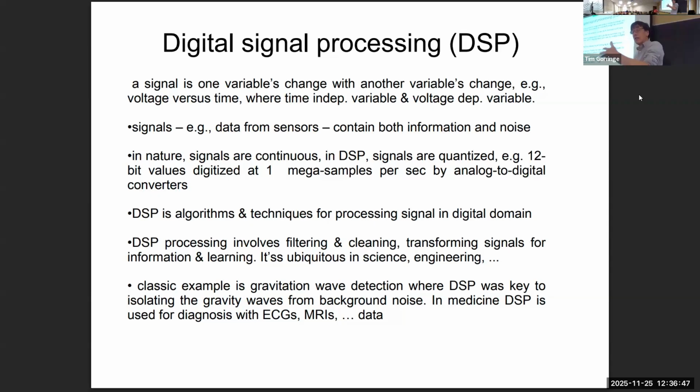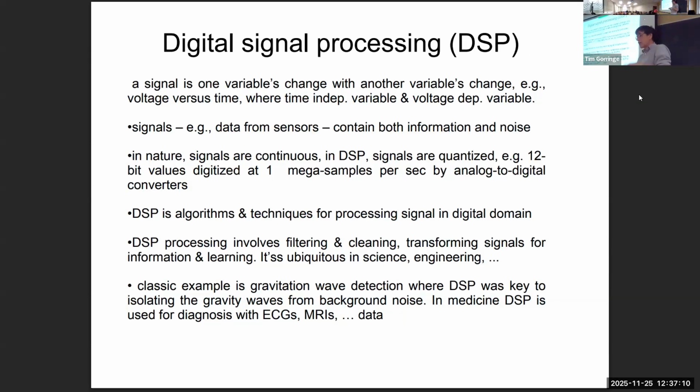And you might digitize at a rate of 1 megahertz. So 1 million of those 12-bit samples per second. So that would be a very specific, very concrete example about what rate we're digitizing at and how finely or coarsely we're digitizing. So that's going to be our digital data.